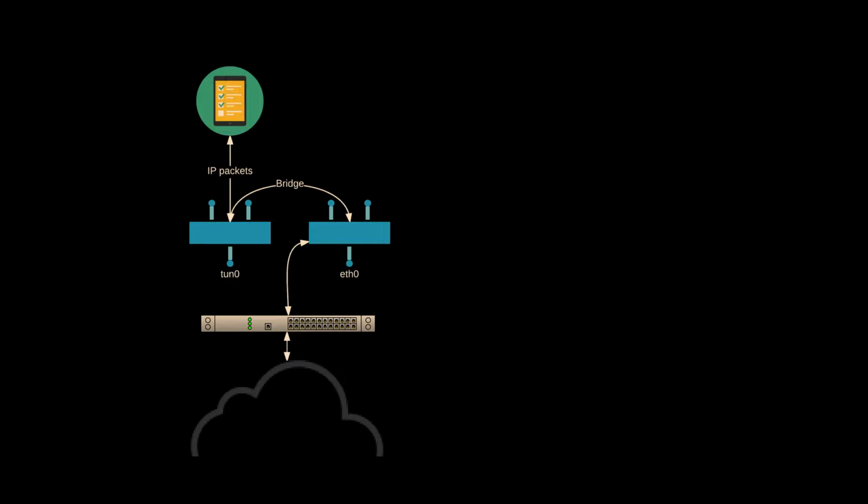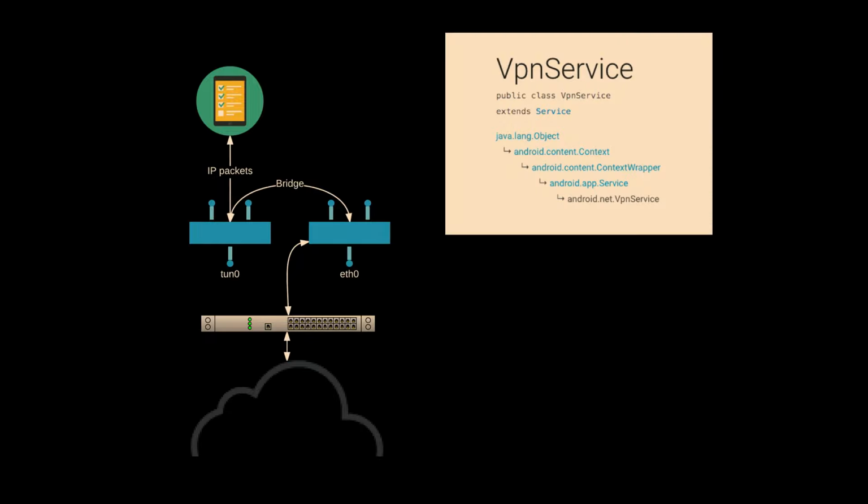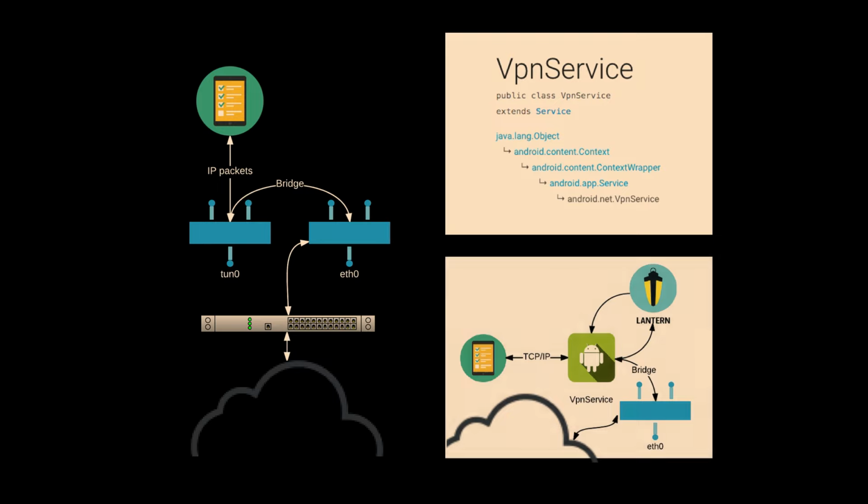In this example, the bridge is transparent. It's just forwarding packets from one place to another, and from there to an actual network. So we have the tool that allows us to work with TUN devices with ease, which was VPN Service, and we started to think how to make Lantern communicate with the VPN Service.